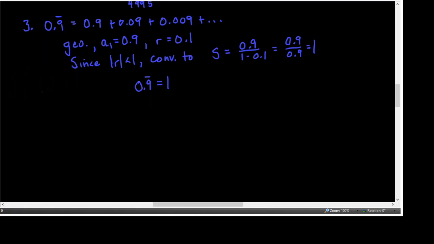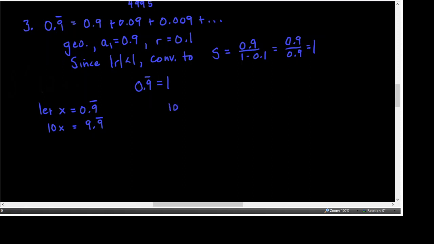Let me show you a couple other proofs. Let's let x be defined as 0.9 repeating. And since we have an equation, that means that we're allowed to do stuff to both sides. So if I multiply both sides of this equation by 10, that's going to move the decimal one place. That'll be an infinite number of 9s.